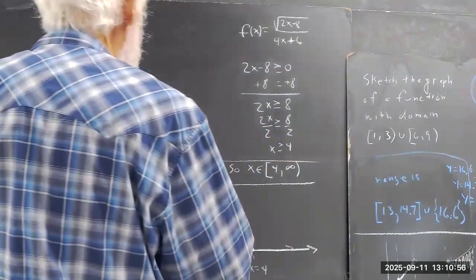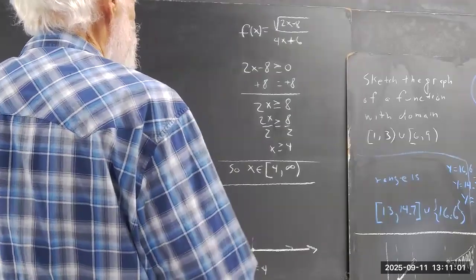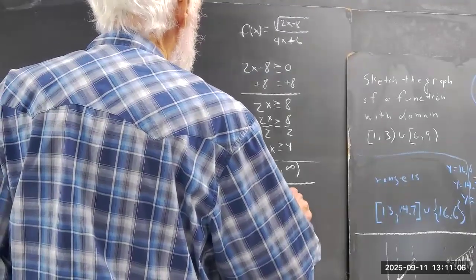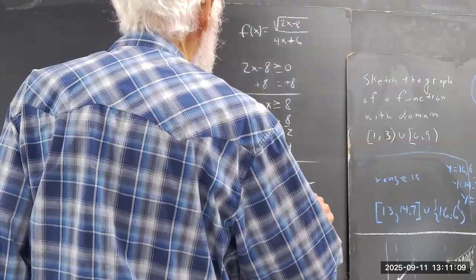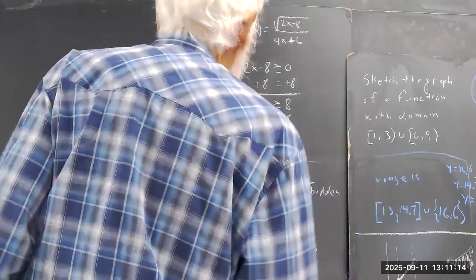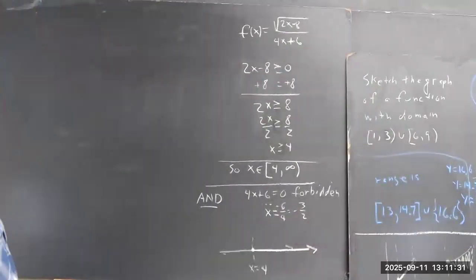Now, also, 4x plus 6 equals 0 is, I'll just say, forbidden. x equals negative 3/2. Okay.